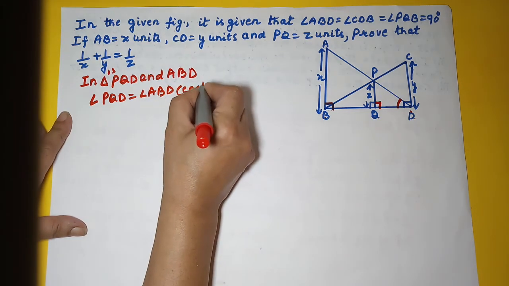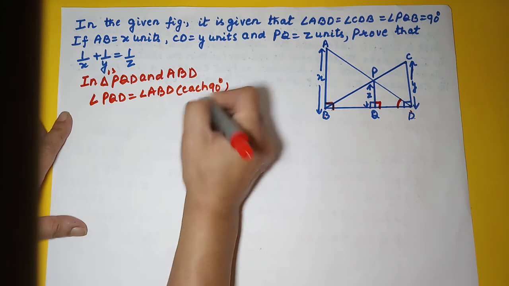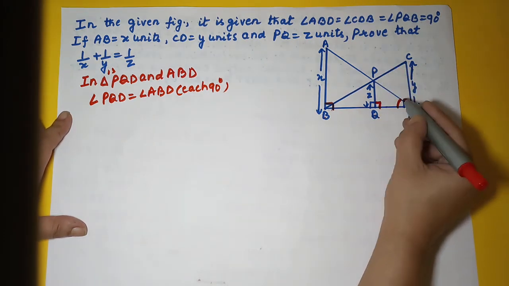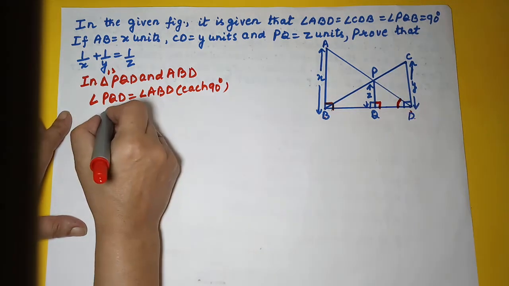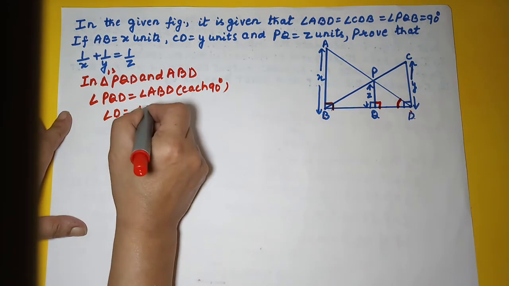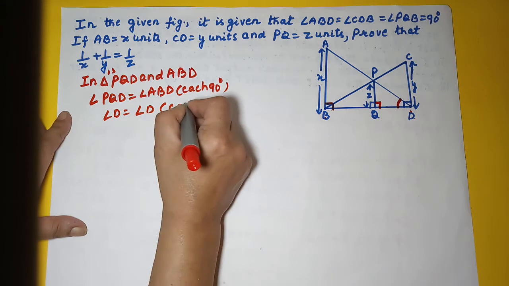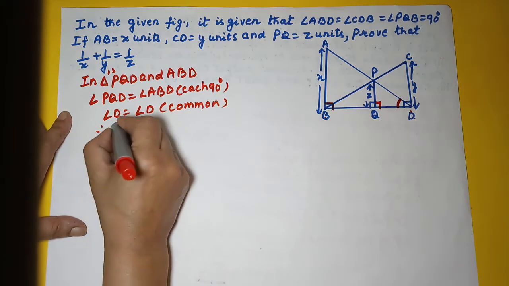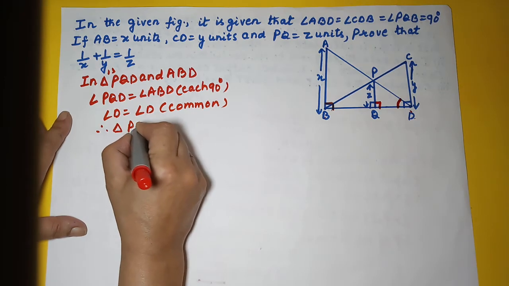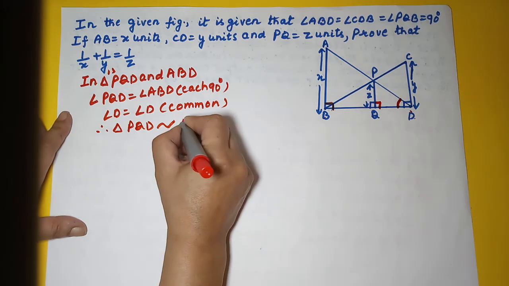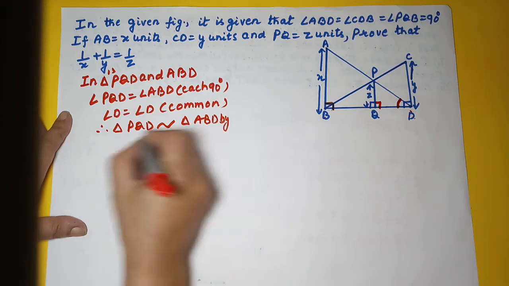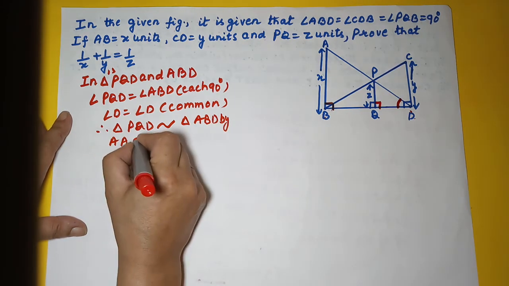Reason, each 90 degrees, right? Also angle PDQ, or you can directly write angle D, is equal to angle D. Reason, common. It is common in both the triangles. Therefore, triangle PQD is similar to triangle ABD by AA axiom.